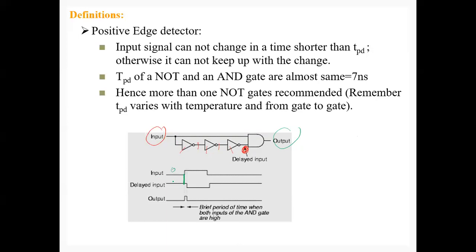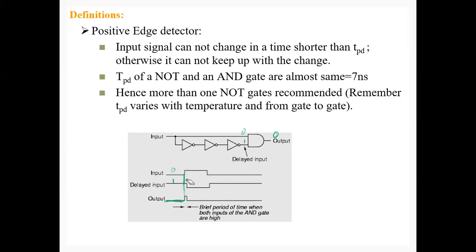What is another input? 1. Up to there, one input is 0, the other input is 1. What do you get? You get 0. Up to here, you get 0, see?